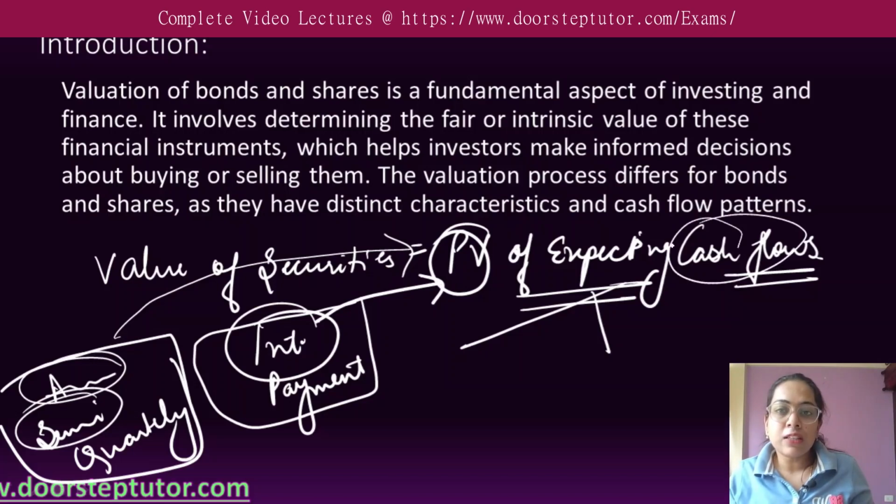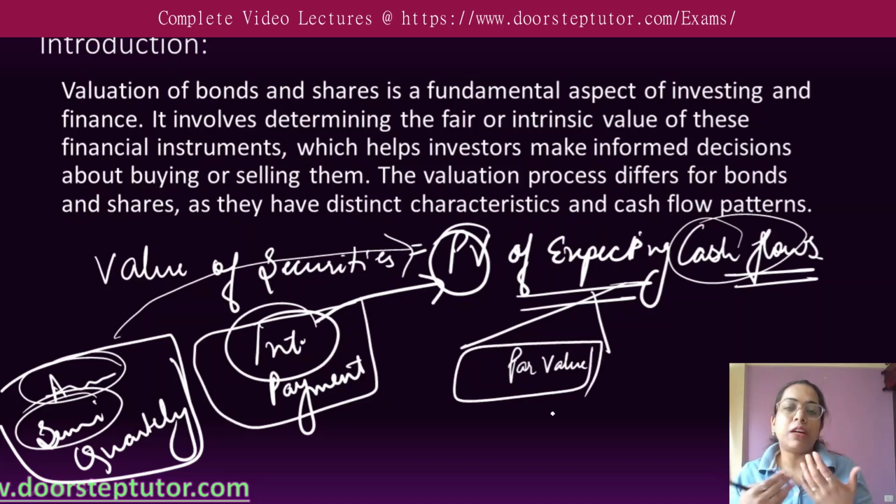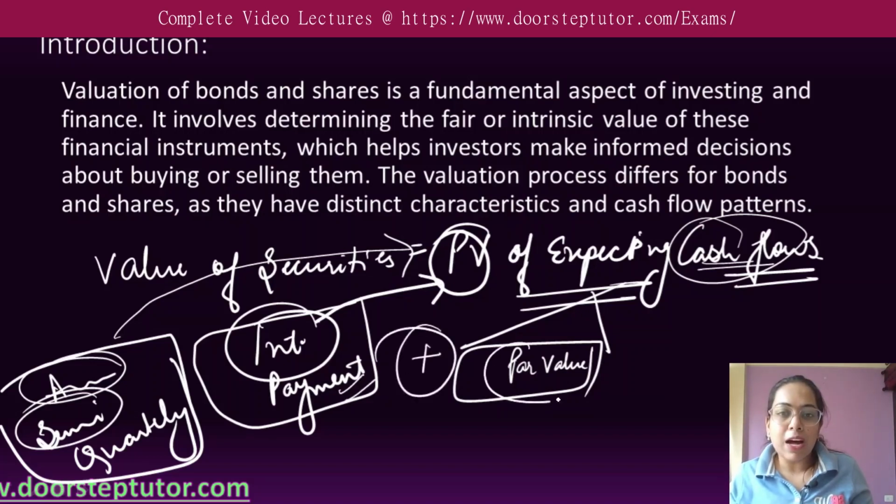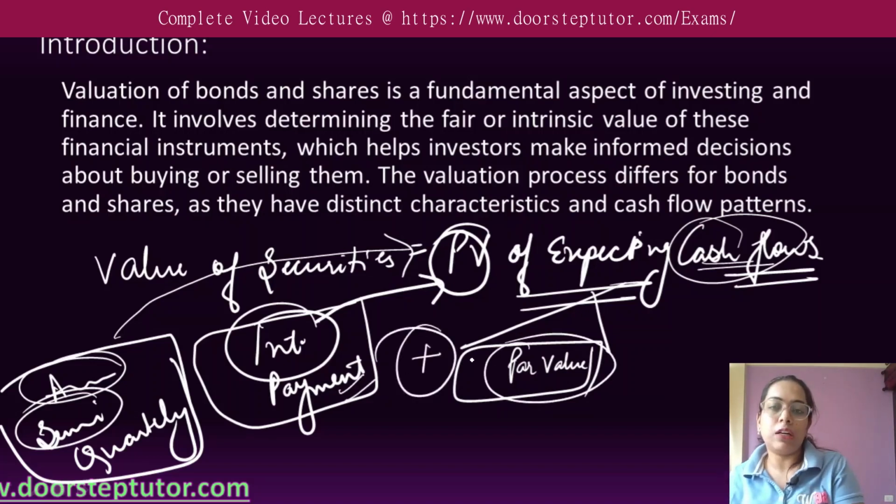Another cash flow is the par value, or the value which the investor will receive after maturity. So these are the total cash flows, that is interest payments and the par value, or the value of the bond.